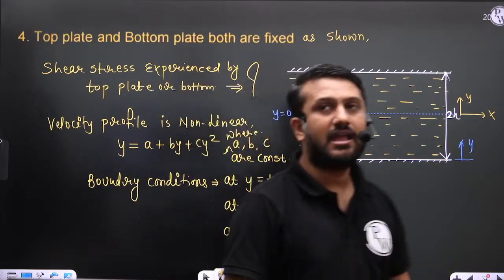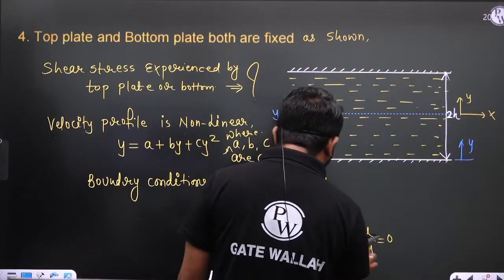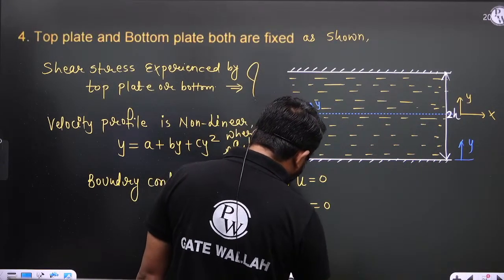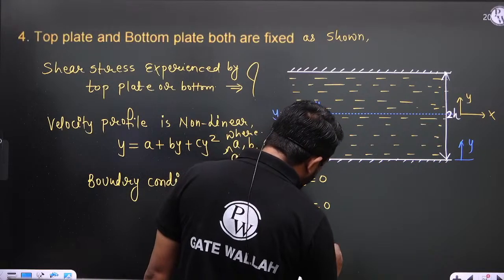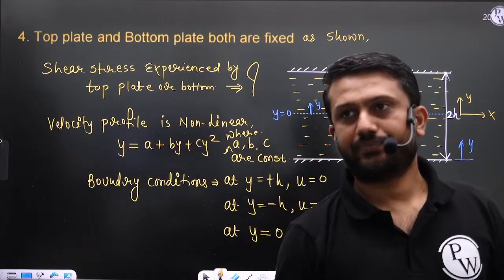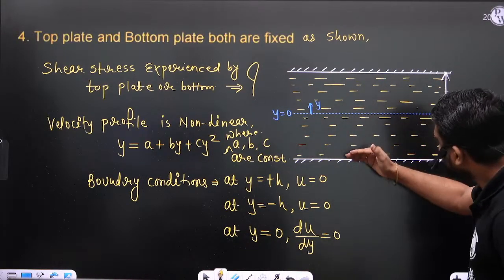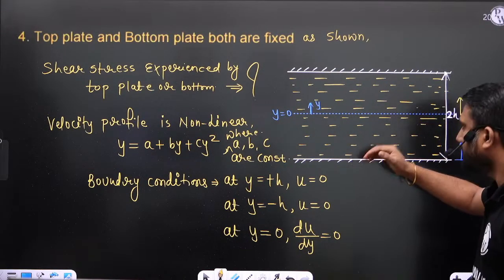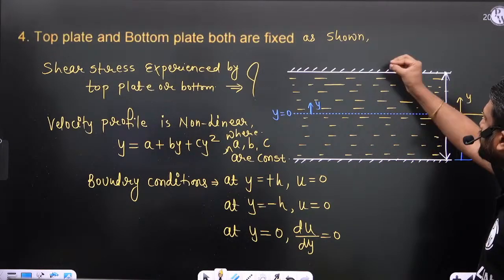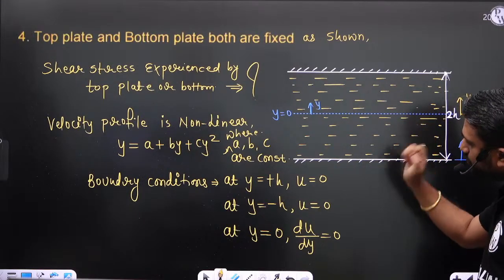We know that at y is equal to 0, du by dy is 0. At y is equal to plus h, u is 0, that's fine. At y is equal to minus h, u is 0, that's fine.